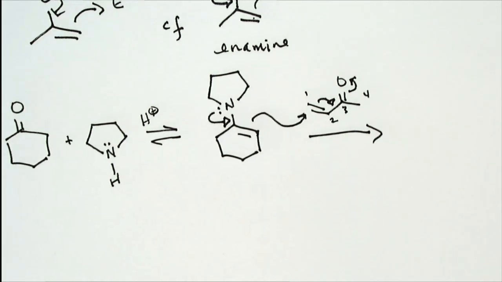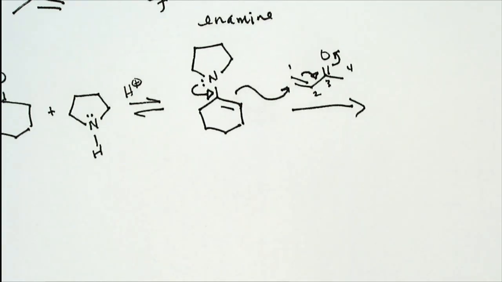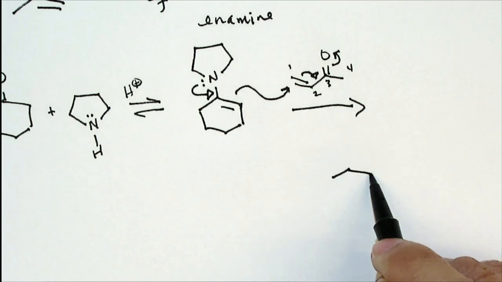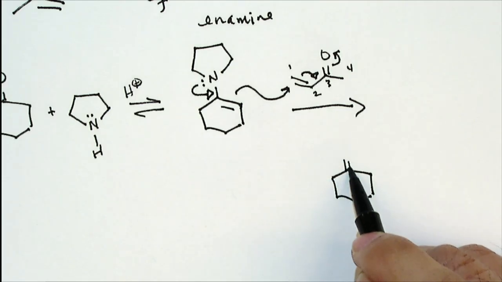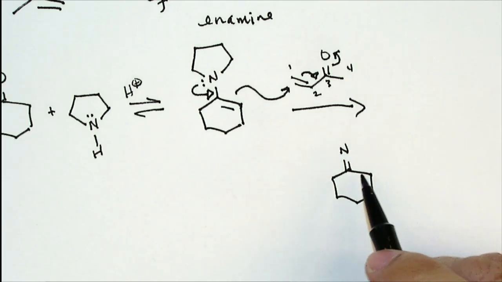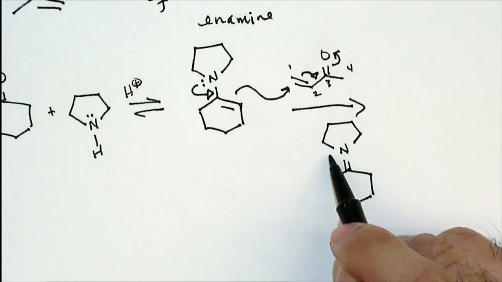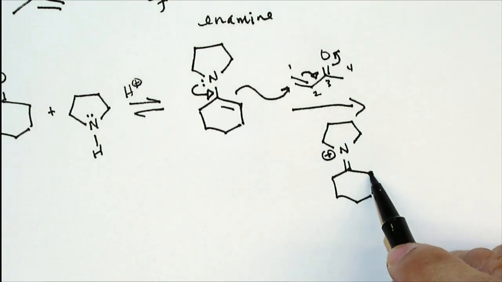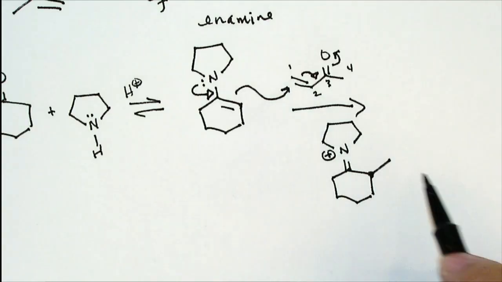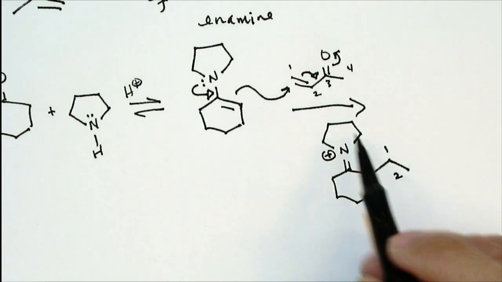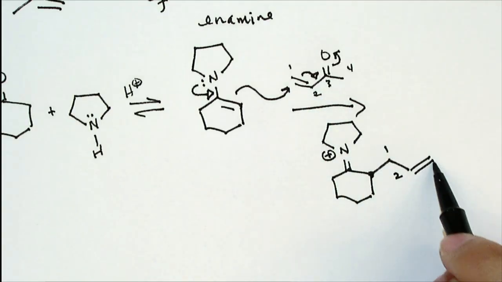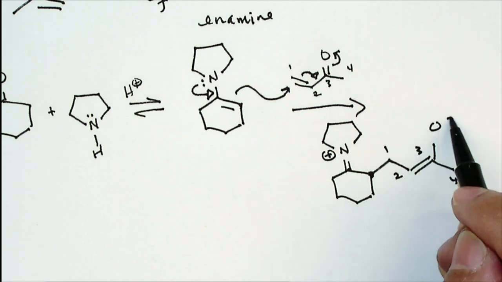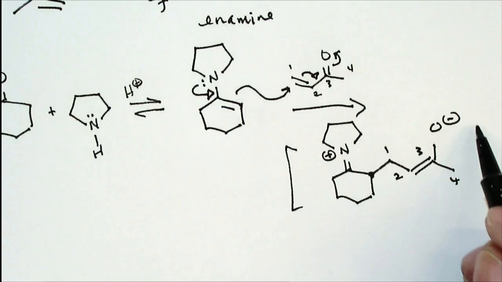So what is the product that you get from that? Well, the product looks like this. I now have a double bond to the nitrogen, and there is a plus charge. The attacking carbon here is now attached to number 1, which is attached to number 2, which has a double bond with number 3, which still has number 4, and of course there's an O minus there.